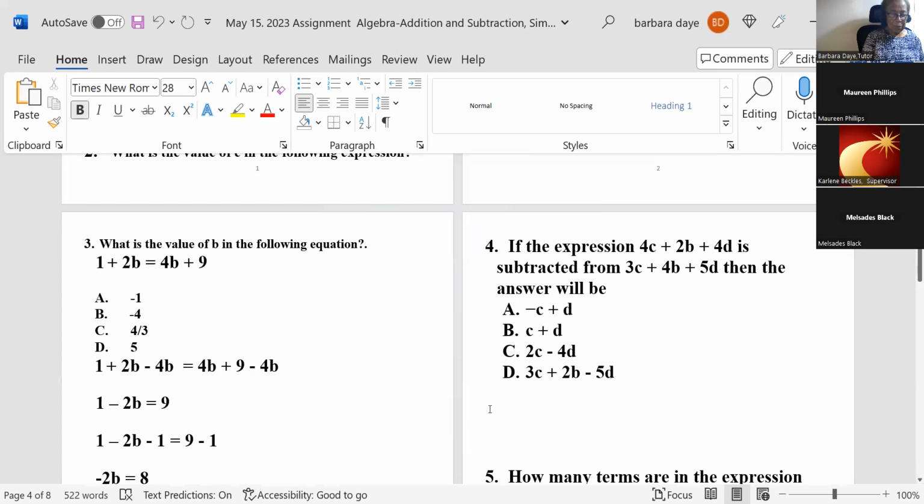Now, do you want to put it in a column or leave it as horizontal? Okay, let's do this. It's subtracted from this, so let's put this one first.